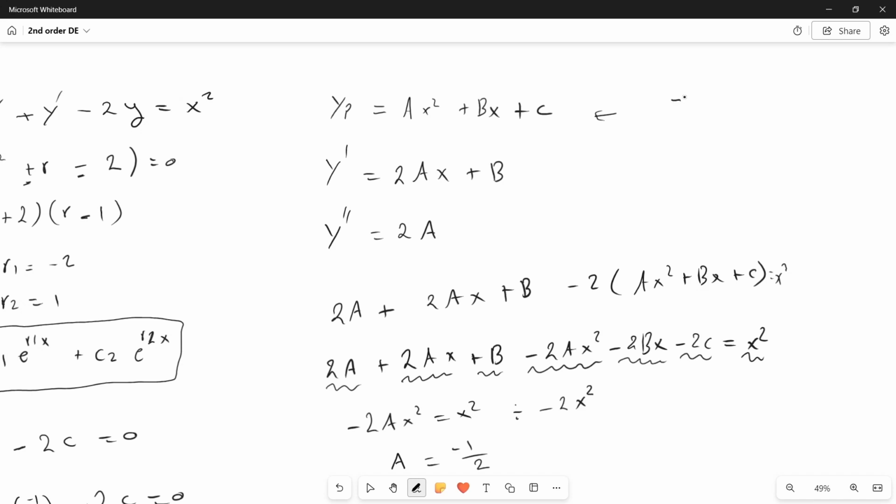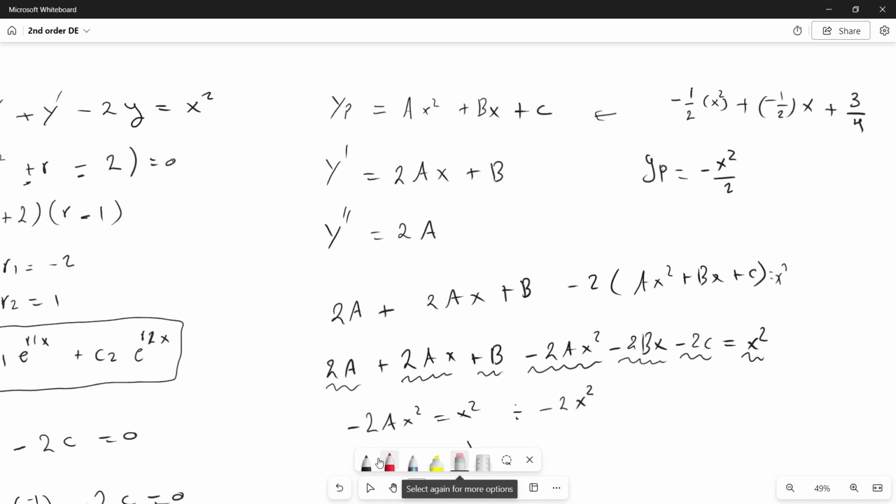So we have negative half multiplied by x squared plus negative half multiplied by x plus the value of c. So our final yp would be minus x squared divided by 2 minus x divided by 2 plus the constant term.